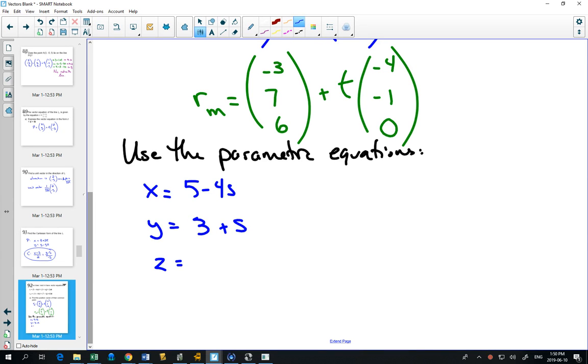And z is equal to 2s. From my green equation, I have x is equal to negative 3 minus 4t. y is equal to 7 minus t. And z is equal to 6.